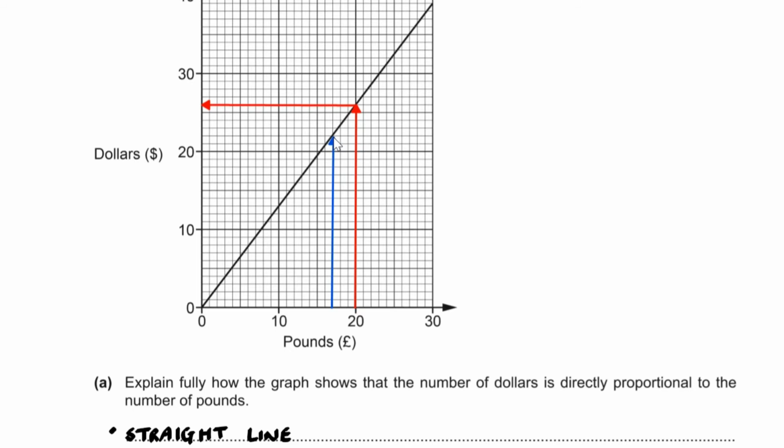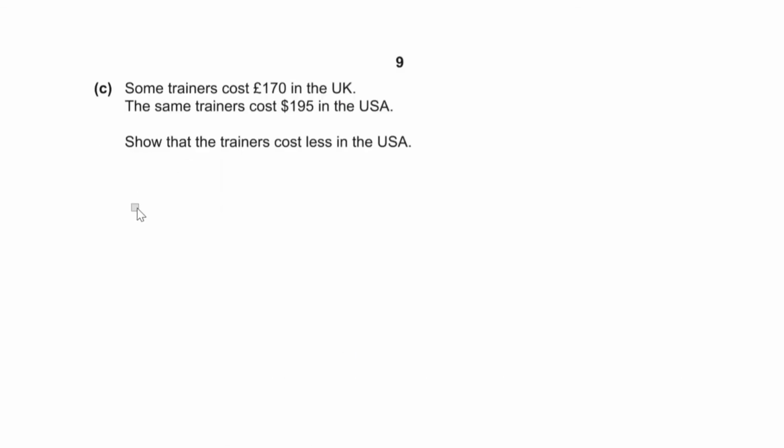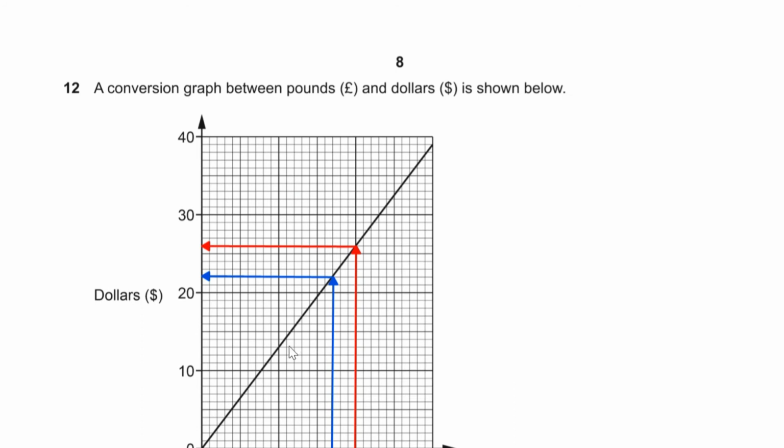So if I read up and then read across, we have $22. So we know that £17 is equal to $22, and that's from the graph here.